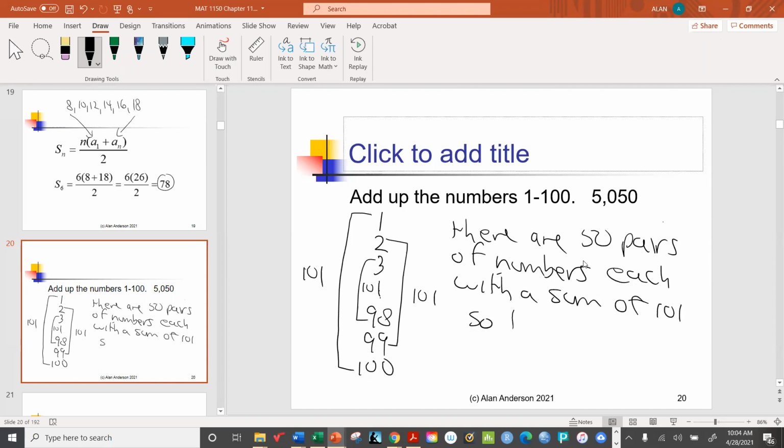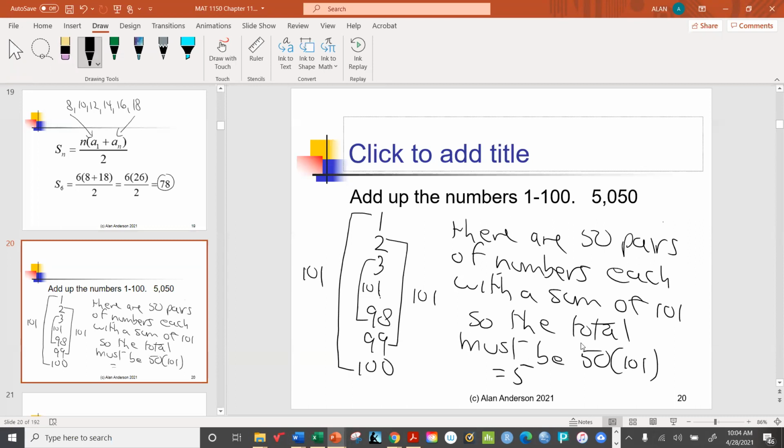So the total must be 50 times 101, which is, of course, 5,050. So, of course, he won the prize and everybody was impressed. And, of course, he went on to a brilliant career as a mathematician.